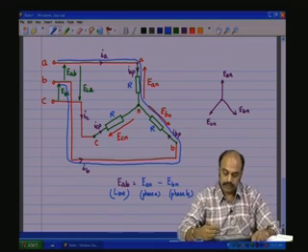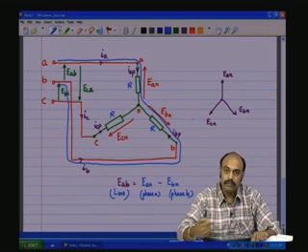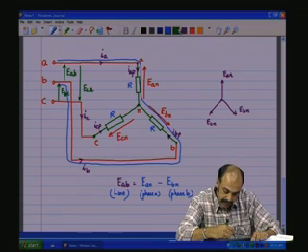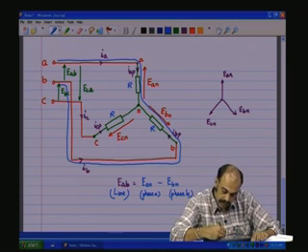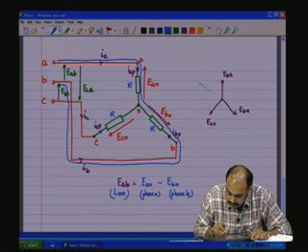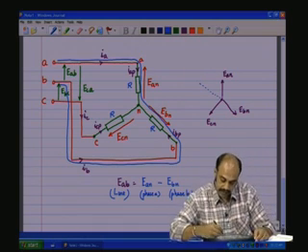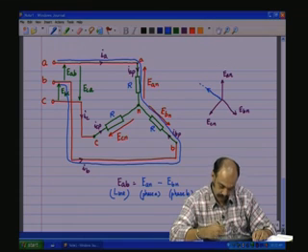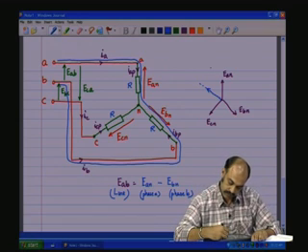So, look at it in the phasor diagram shown here. Now, EAN, what is minus EBN? The minus EBN will be along this axis, but in the minus direction, same amplitude, but minus direction. Isn't it?